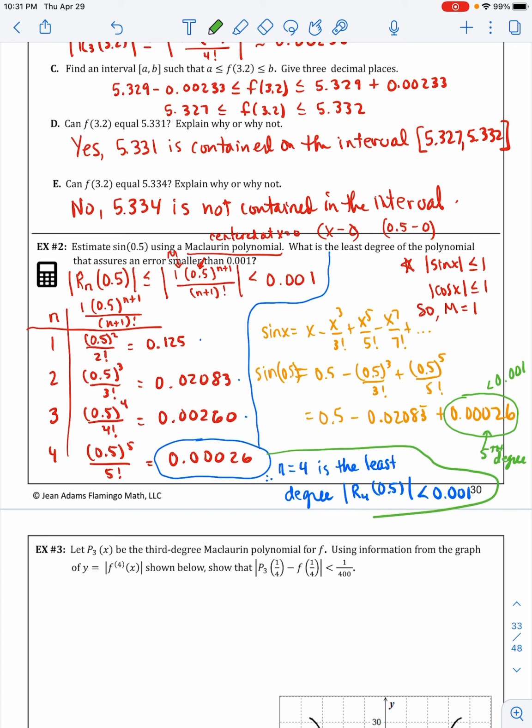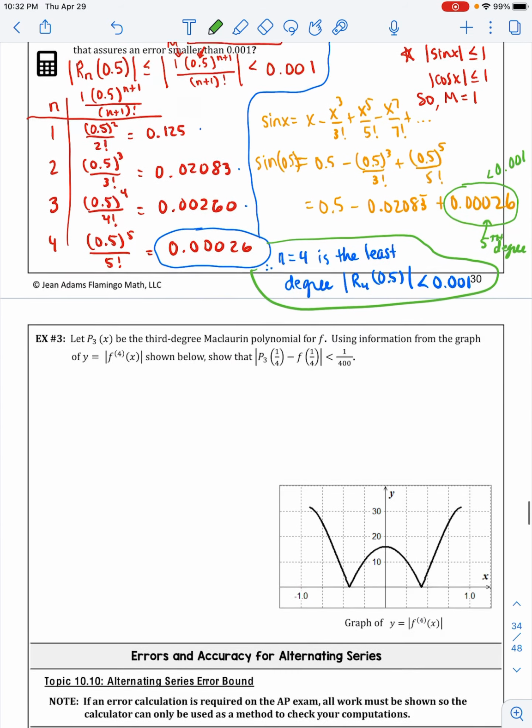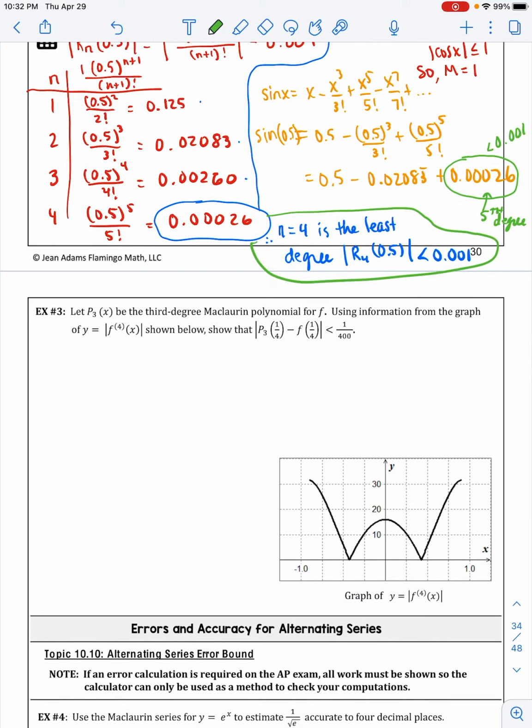So if the 5th degree is the error, right? If this is the 5th degree, that's your error, then that means that n is 4, is your least. So again, you would have said that n equals 4 is the least degree such that the absolute value of the remainder at 4, which would be your 5th term, is less than 0.001. So either way, you're getting that same answer, okay?